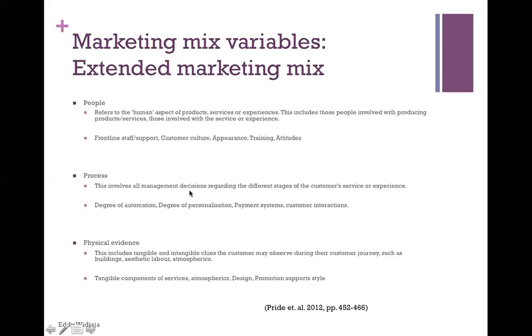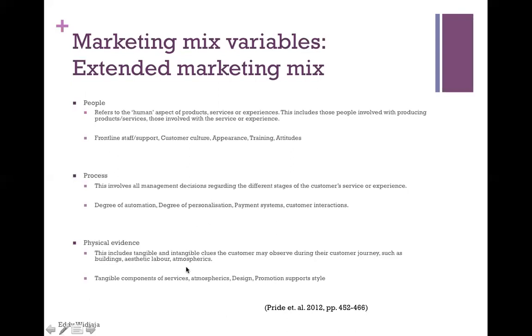Process is basically the system that the company adopts to make sure that the customers receive the support or service. It includes degree of automation, degree of personalization, payment system, and customer interactions. The last one is physical evidence, which is basically about tangible and intangible cues that the customers may observe in their journey dealing with us.